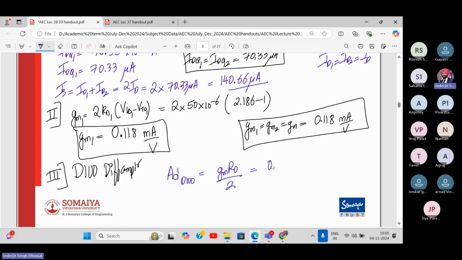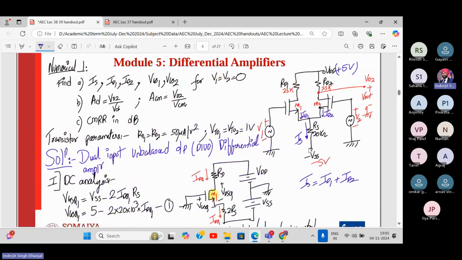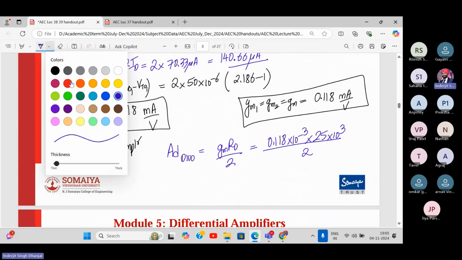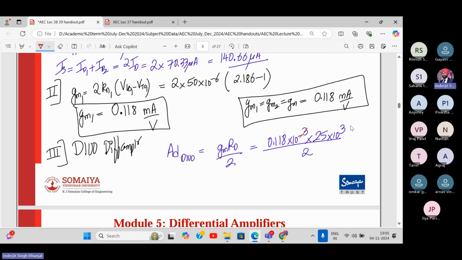GM is 0.118 into 10 raised to minus 3. RD is how much in numerical? 25K. So 25 into 10 raised to 3 divided by 2. The 10 raised to minus 3 and plus 3 will get cancelled. So let me know quickly, what is the differential gain of DIUO?